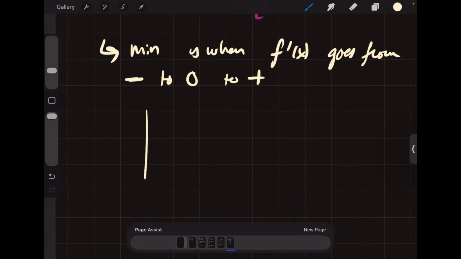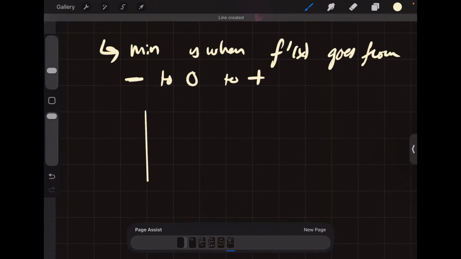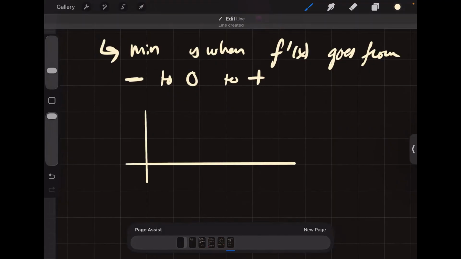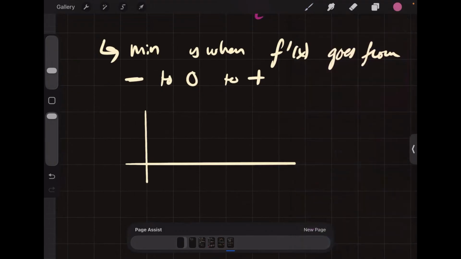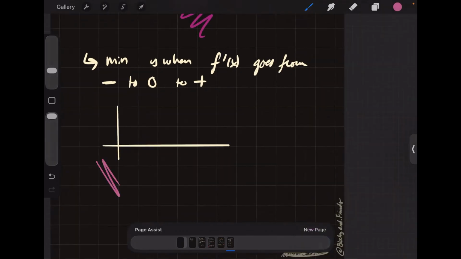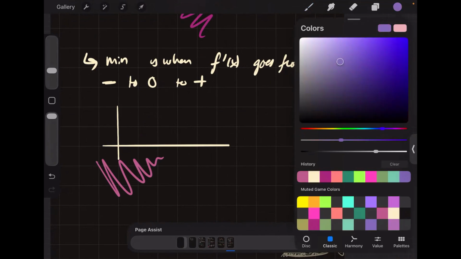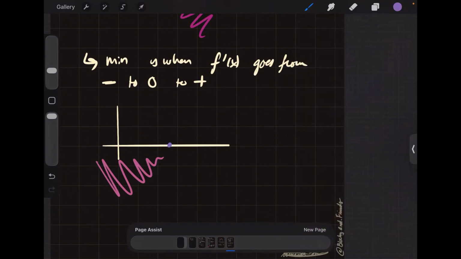And picture-wise, the derivative goes from negative, and it hits 0, and then it goes positive, right?